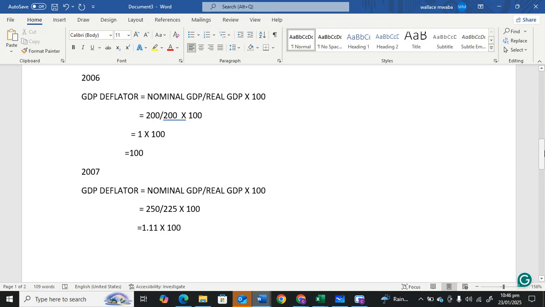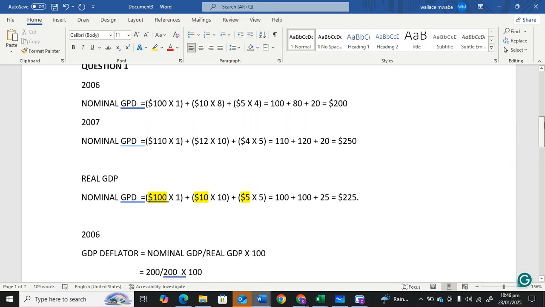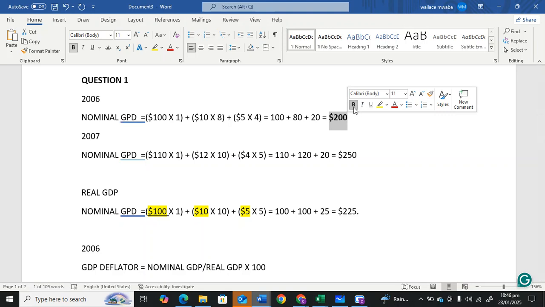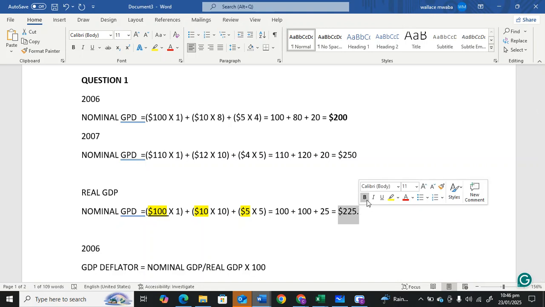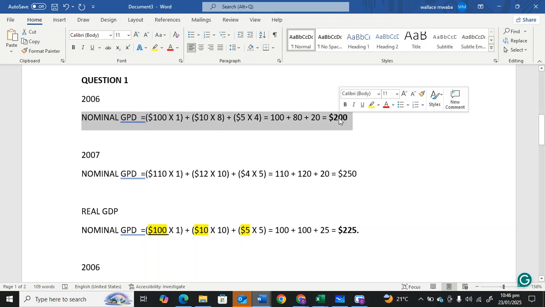For 2006, since it's the base year, its real GDP is 200. Then for 2007, the real GDP is 225. So can we tabulate the percent change? The new minus old technique.